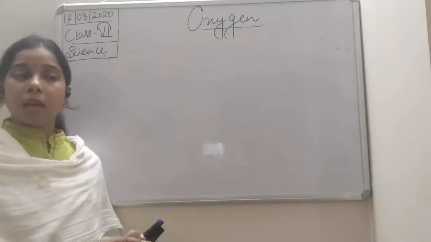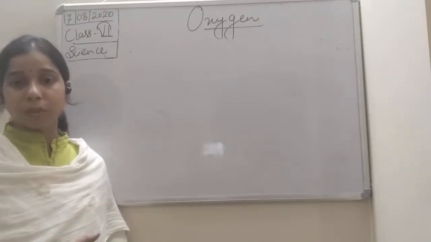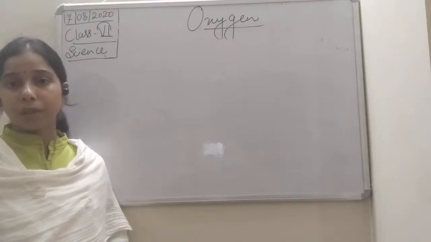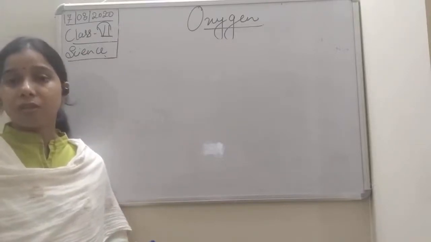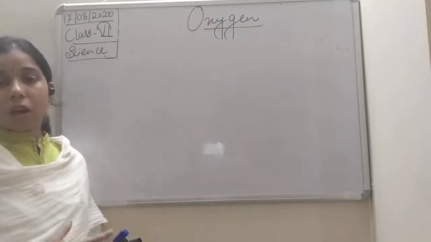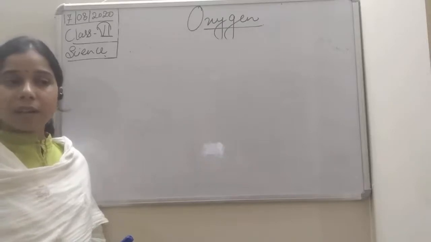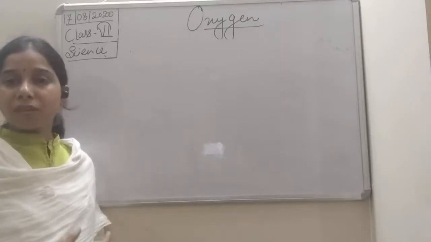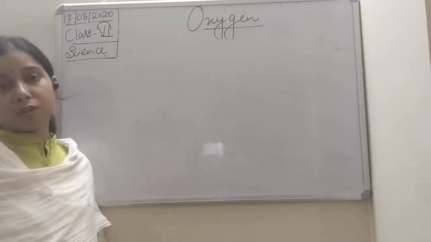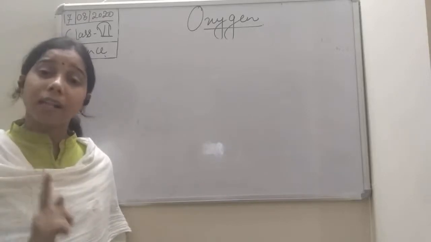Although oxygen is present in the water, students, we know that oxygen gets dissolved in the water and remains in dissolved form. But that much oxygen is not sufficient for the diver, and we don't have a respiratory organ by which we can take the dissolved oxygen from the water. So we can take oxygen from the atmosphere only.